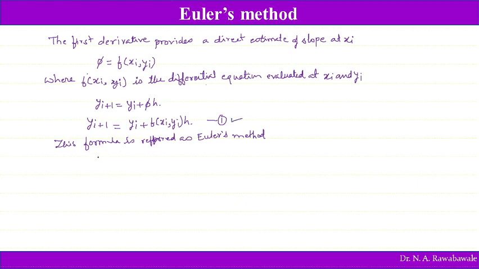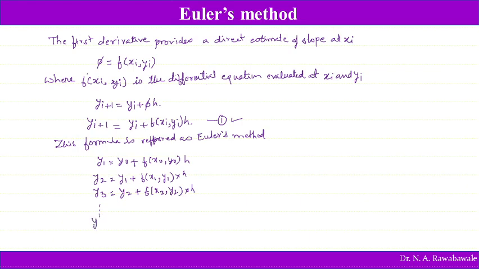Generalizing this, y1 is equal to y0, where y0 is the previous approximation and y1 is the new approximation, plus f of x0 y0 into h. Then the revised approximation y2 is equal to y1 plus f of x1 y1 into h. Again y3 is equal to y2 plus f of x2 comma y2 into h, and so on.